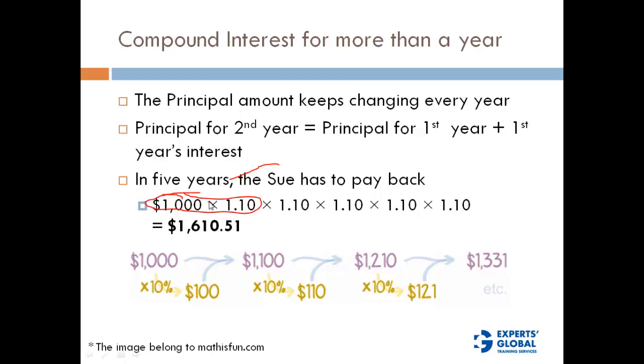Now this acts as the principal for the second year, on top of which she has to pay an additional 10%. So this together acts as the principal for the second year. That way we continued it for 5 years, and this is the amount that she has to pay back at the end of her 5 years. So it is successive percentages.